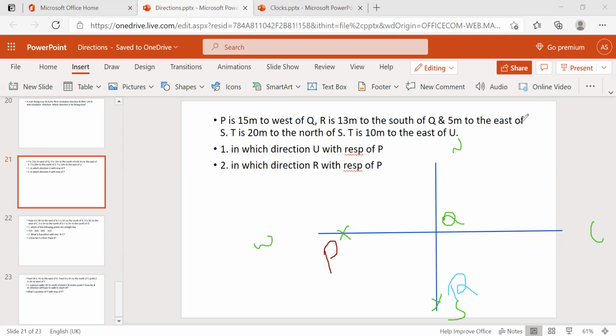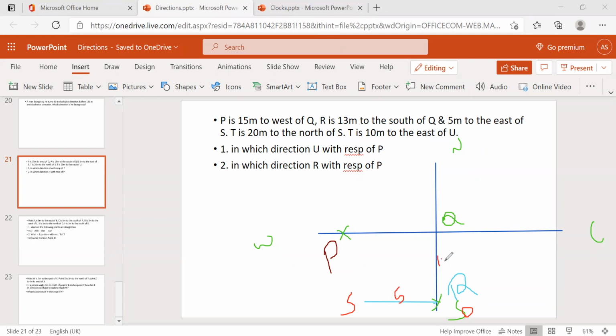And R is 5 meters to the east of S. So R is located towards the east of S. This is S. From S towards the east, R is located 5 meters away.